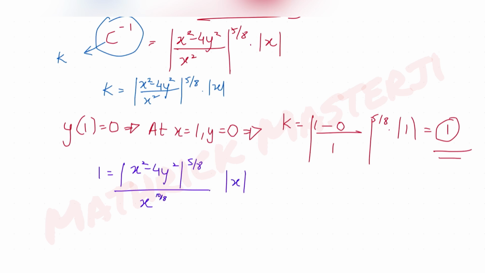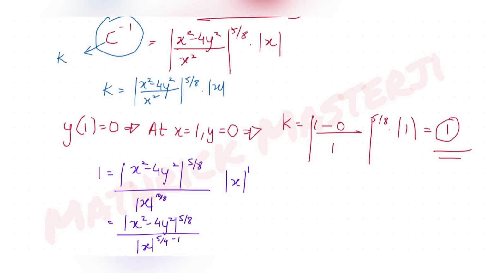So further I get mod of x square minus 4y square raised to 5 over 8 divided by mod of x raised to 5 over 4, and this mod x is raised to 1. So when I take this x raised to 1 down, it becomes minus 1.